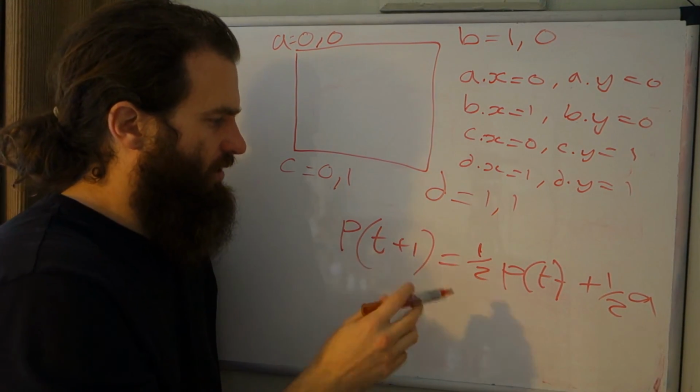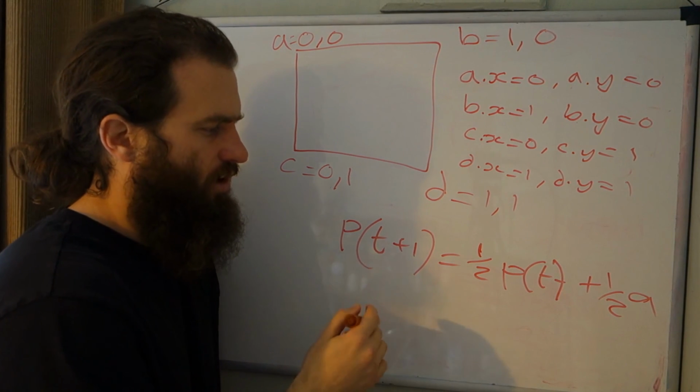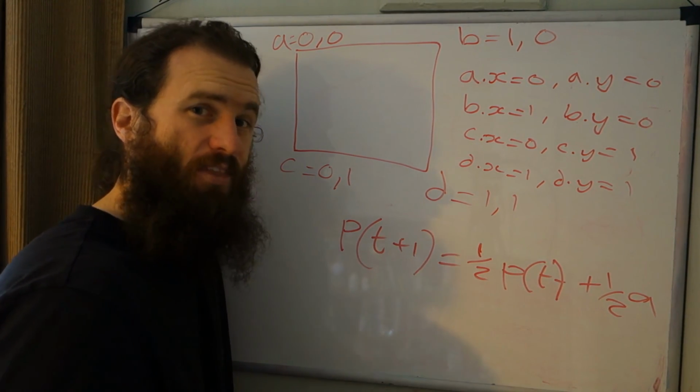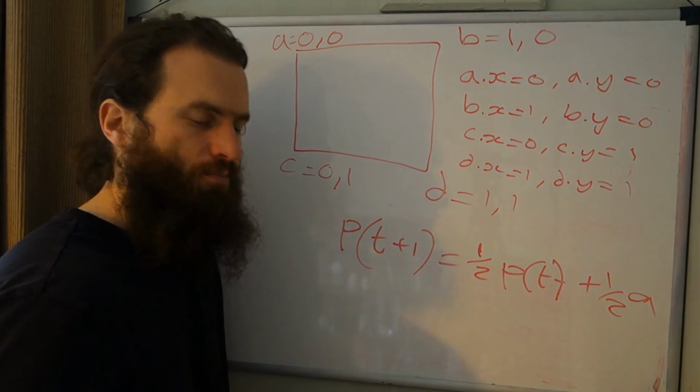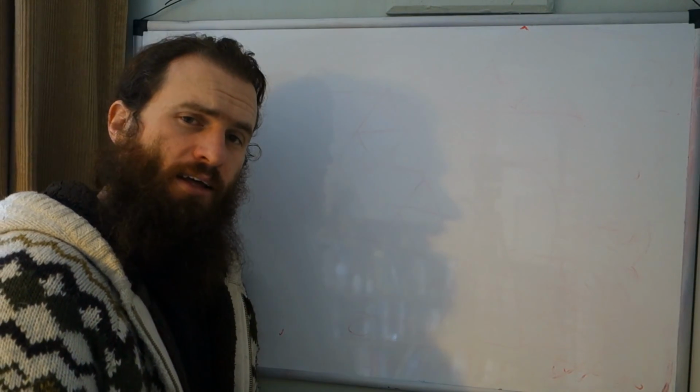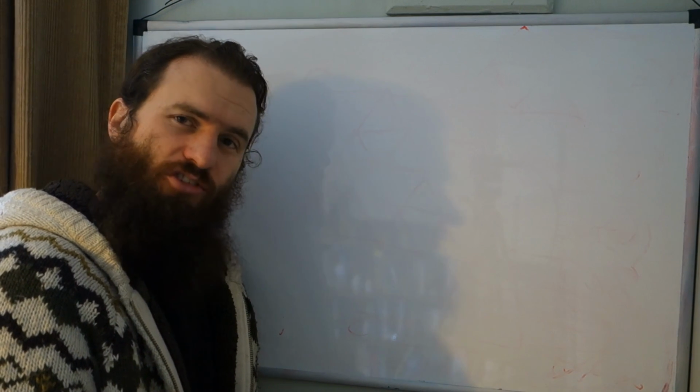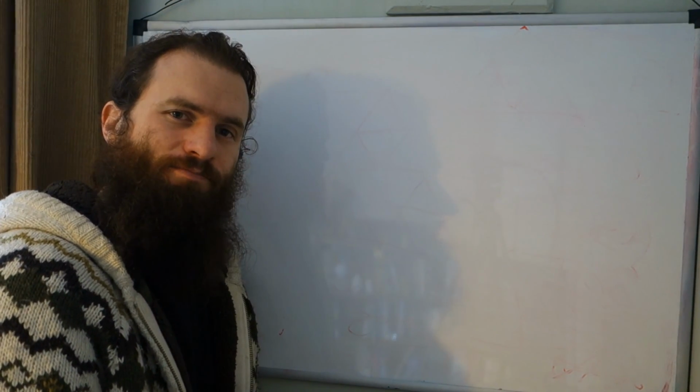And then we keep doing that. So the function iterates because at the next time step it's always based on the previous time step. That's an iterative function, and that's where this idea comes from. Well, there you go. I hope that was interesting to watch or useful, and thanks for watching.